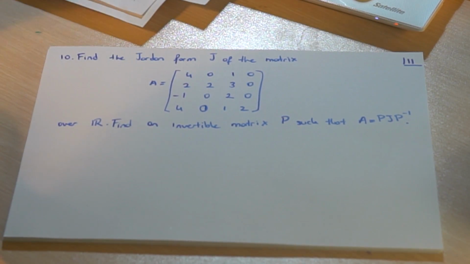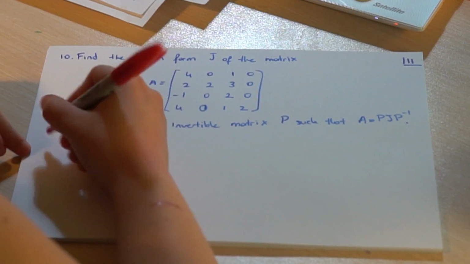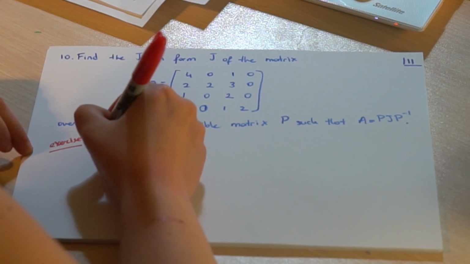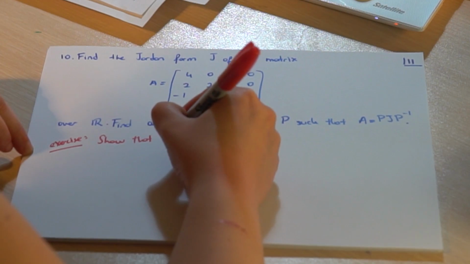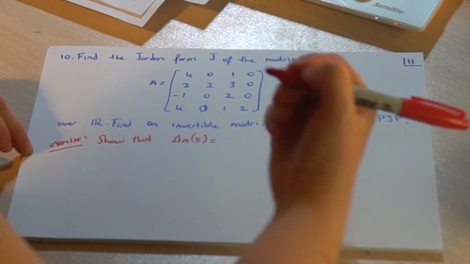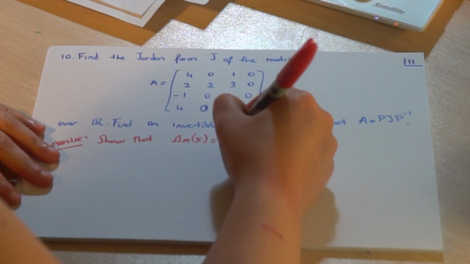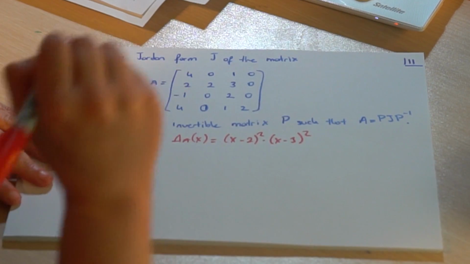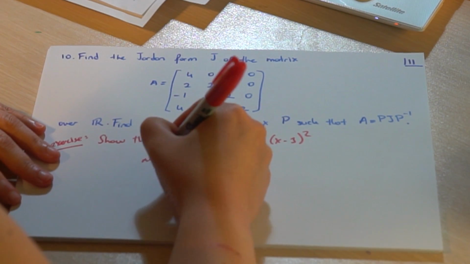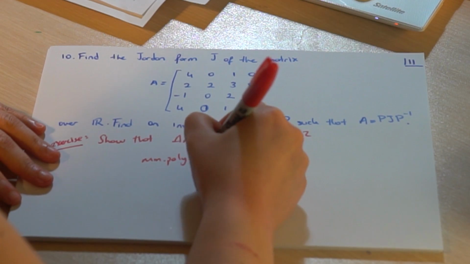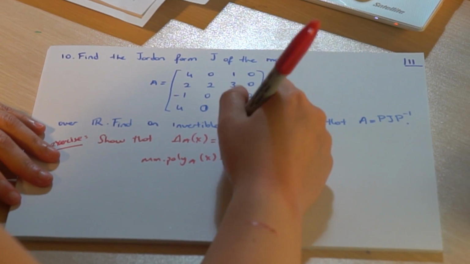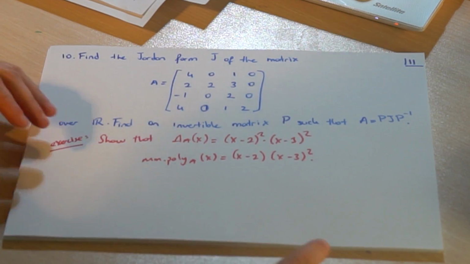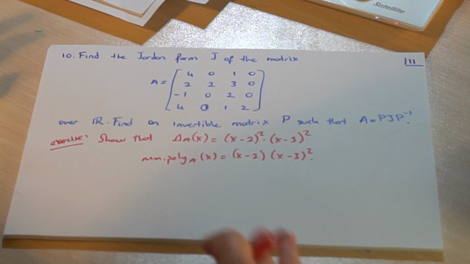Now again we need to find the Jordan form J. This exercise shows that the characteristic polynomial of A will be equal to x minus 2 squared times x minus 3 squared, and the minimal polynomial of A will be equal to x minus 2 times x minus 3 squared. This is an easy exercise.